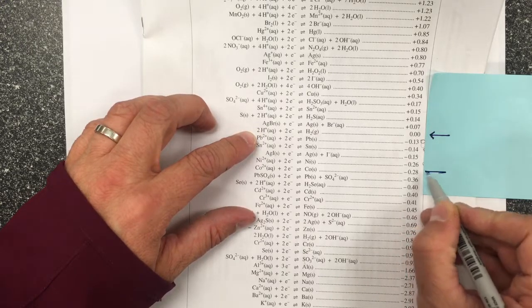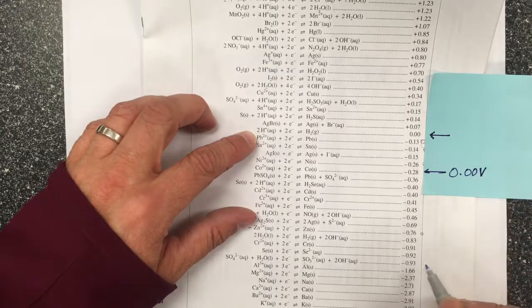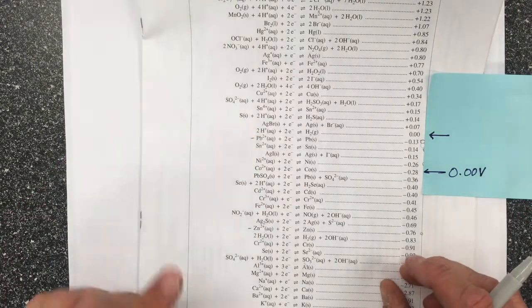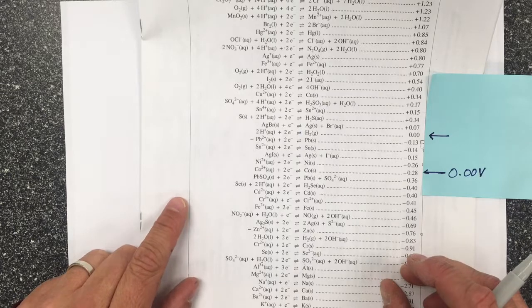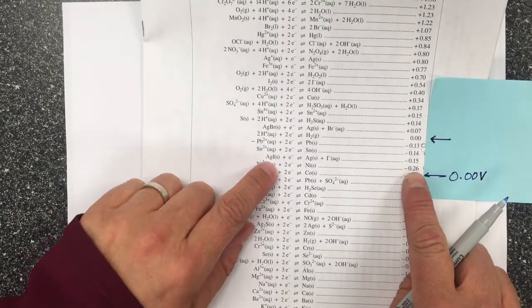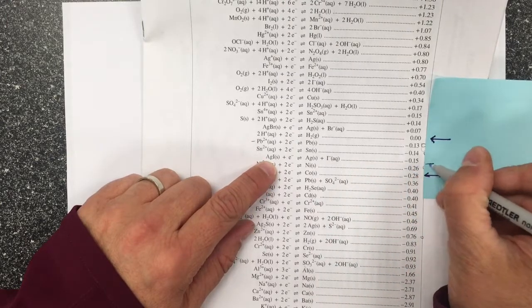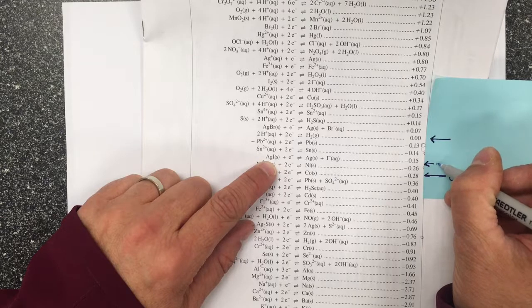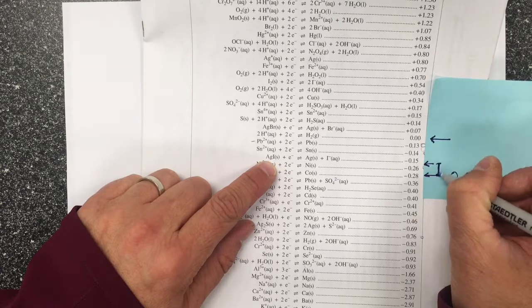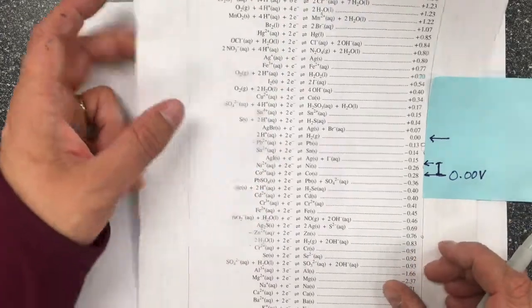But if we shifted it so that 0.00 volts was here, what would the new potential for the half reaction be? Now, look, we said that it was negative 0.23. That would occur here. You can see that this is a smaller difference, so it should actually be small and slightly positive because it's above it.